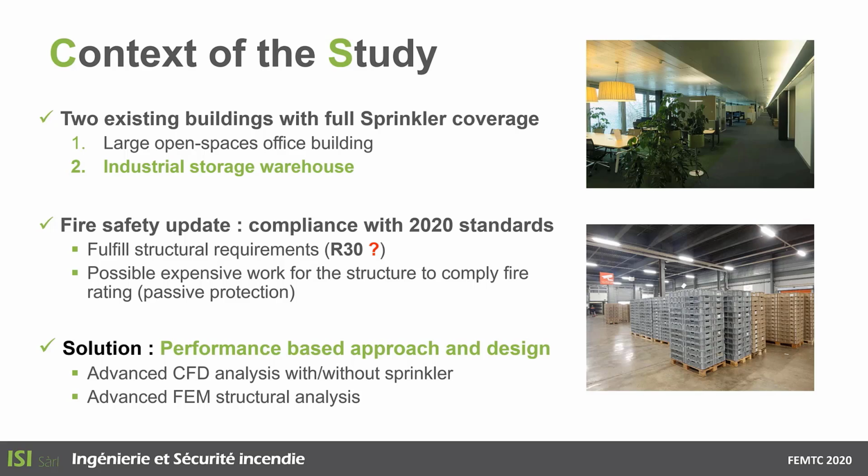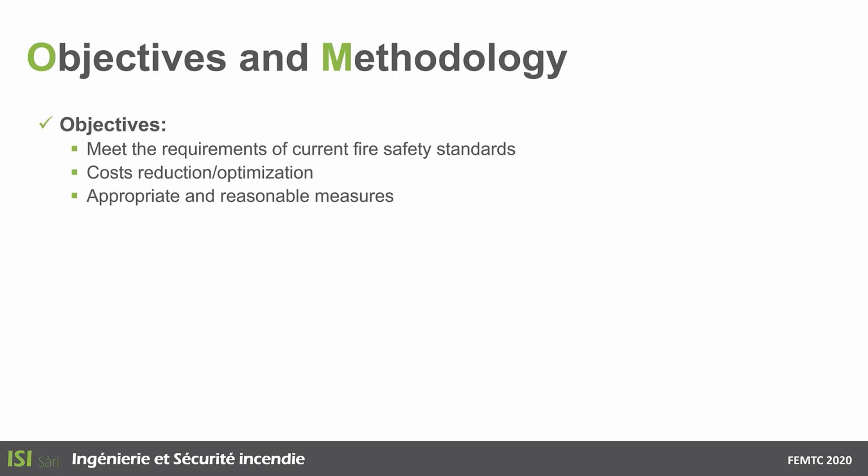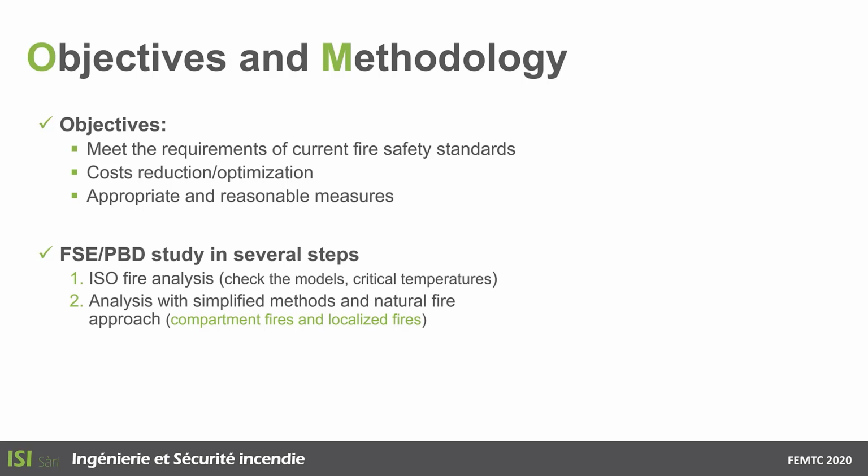The objective and the methodology of our work is to meet the requirement of current fire safety standards, cost reduction and optimization, and find the appropriate and reasonable measure to meet this objective. For the fire safety engineering and performance-based design study, we will need several steps.